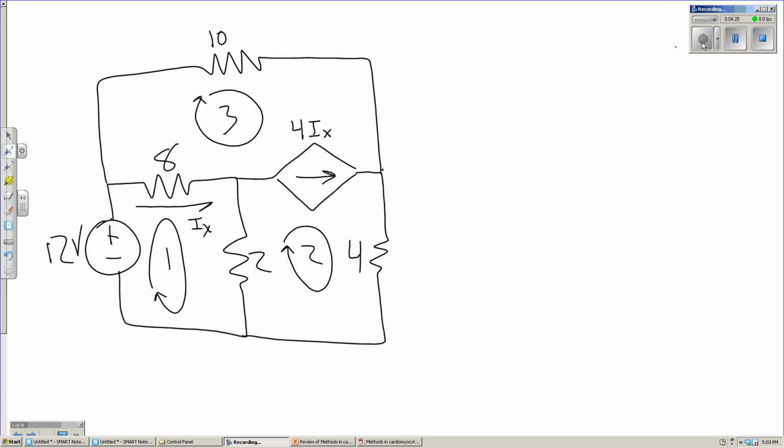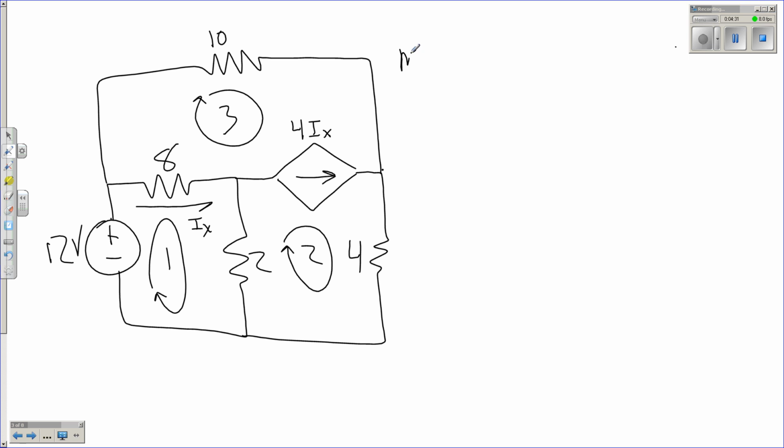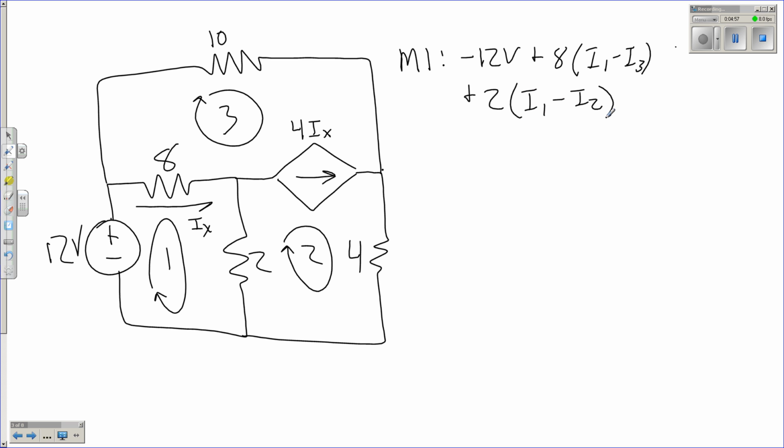So mesh 1, I think, is just going to be the same. Nothing's changed, so we have negative 12 volts plus 8 times (I1 minus I3), and finally we come down the 2 ohm resistor, 2 times (I1 minus I2) equals 0.